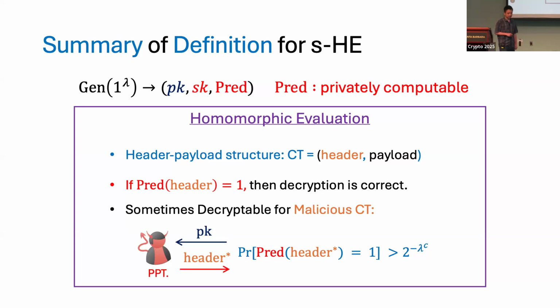In the key generation algorithm, we additionally add some predicate, and the homomorphic evaluation will also generate the intermediate ciphertext for each gate in the circuit. And we require this header and payload structure. The predicate will only take the header as input, and it will decide whether the decryption is correct. And the decryption correctness is lower bounded by some negligible but not too small function, even for maliciously generated headers.